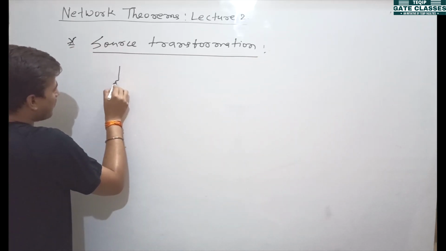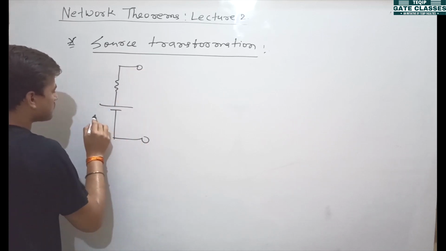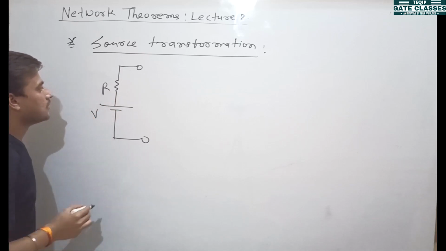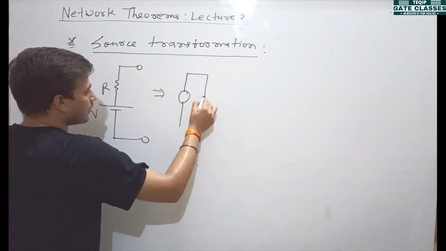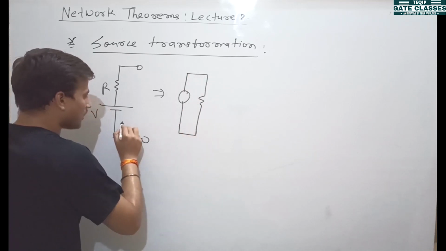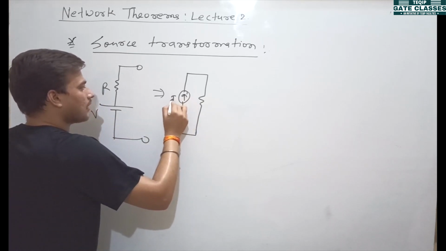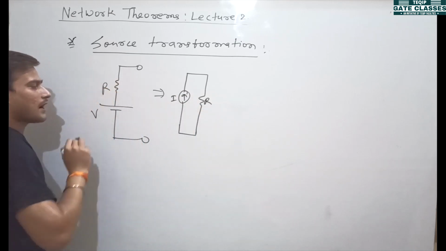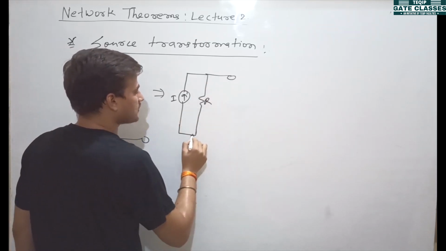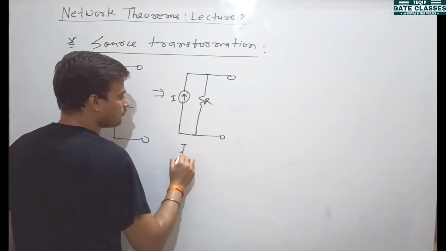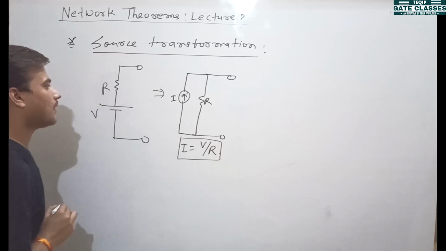Suppose you have a voltage source V with resistance R, you can convert it into a current source. That means a practical voltage source can be converted to a practical current source. In a practical voltage source, the resistance is in series; in a practical current source, the resistance is in parallel. Here I will be equal to V divided by R.